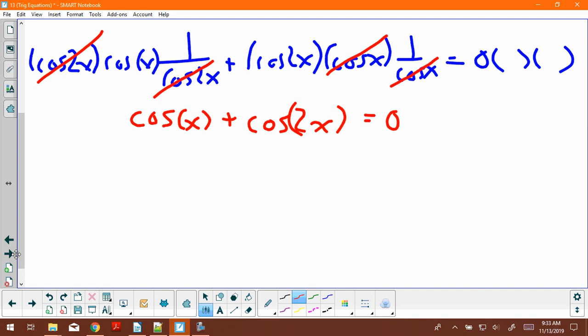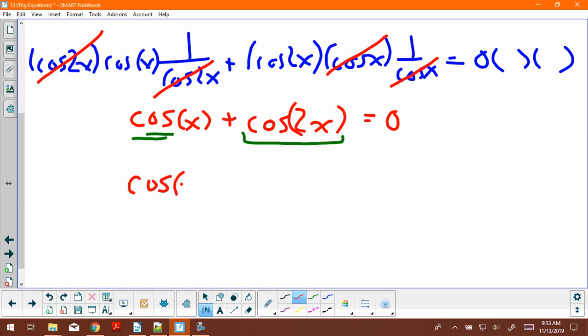I would like to replace cosine of 2x with something that's useful to keep solving this equation. We know there's three versions of this: cos squared x minus sine squared x, 2 cos squared x minus 1, and 1 minus 2 sine squared x. Because I am basically working in terms of cosine here, let's use the version that only involves cosine.